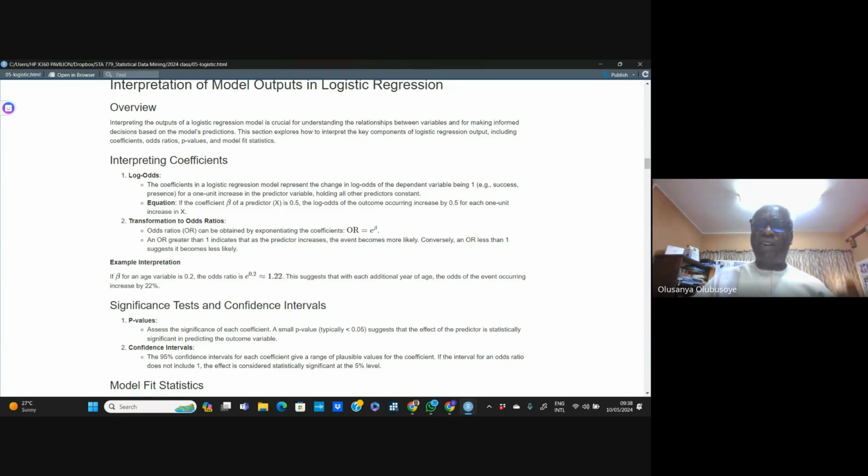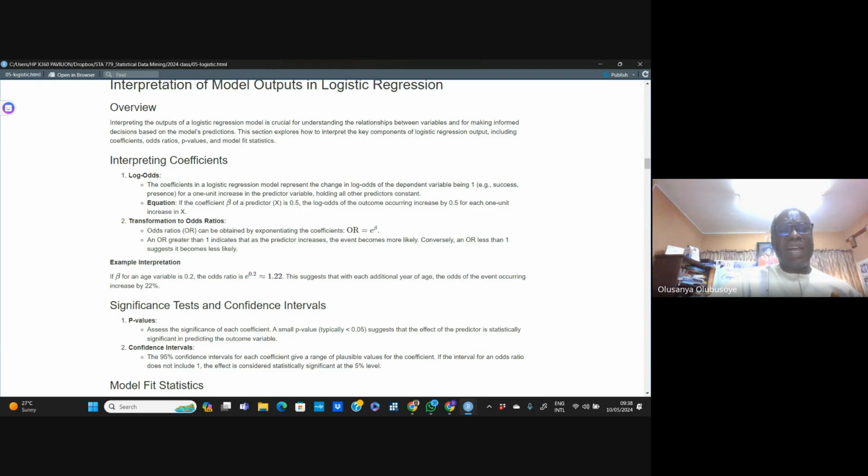Conversely, if the odds ratio is less than 1, then it suggests a less likely occurrence. So this is how you interpret it.